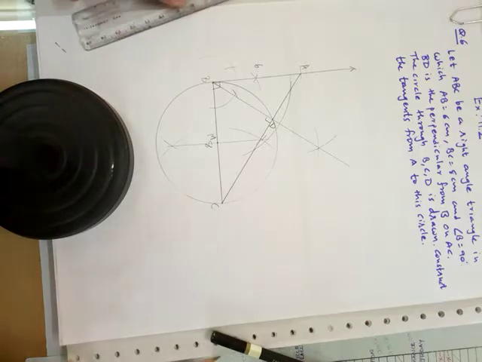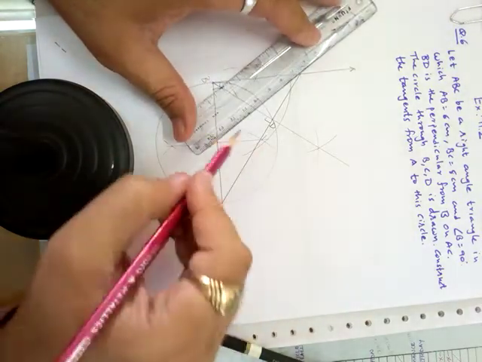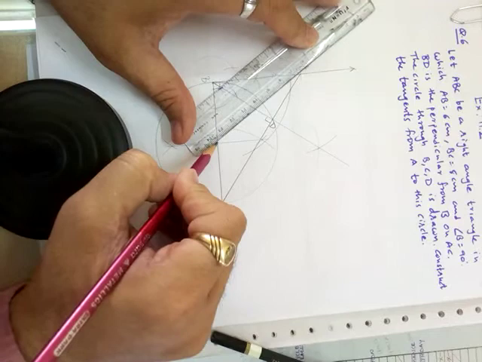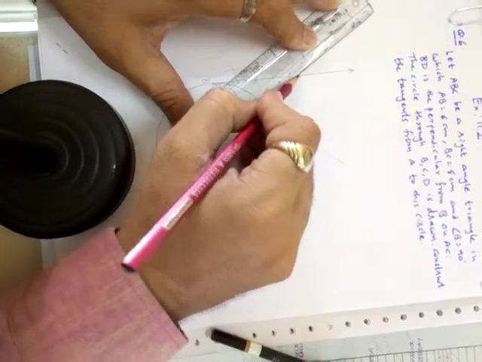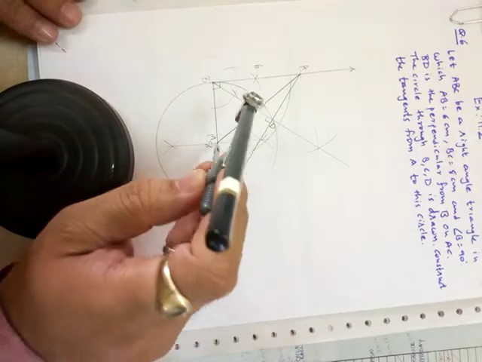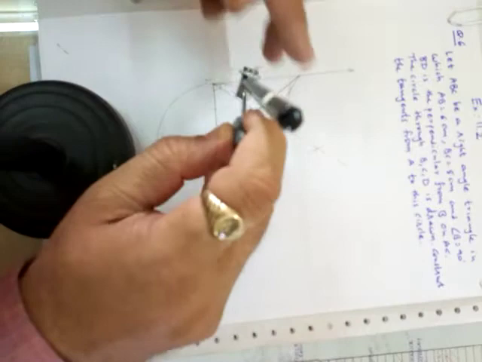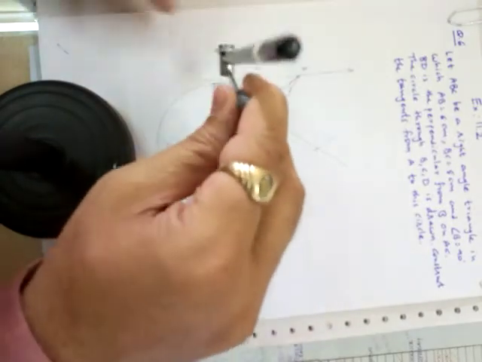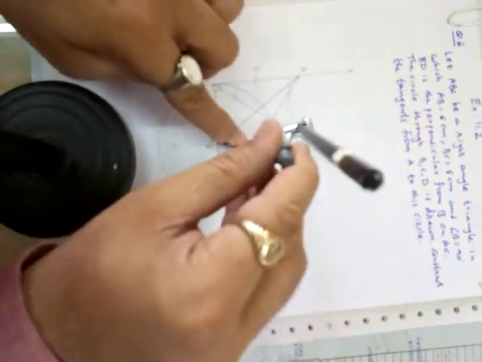So very first we join A and M. After joining A and M, we have to find the midpoint of line segment AM. So for finding the midpoint, perpendicular bisector of A and M, again center, more than half radius.